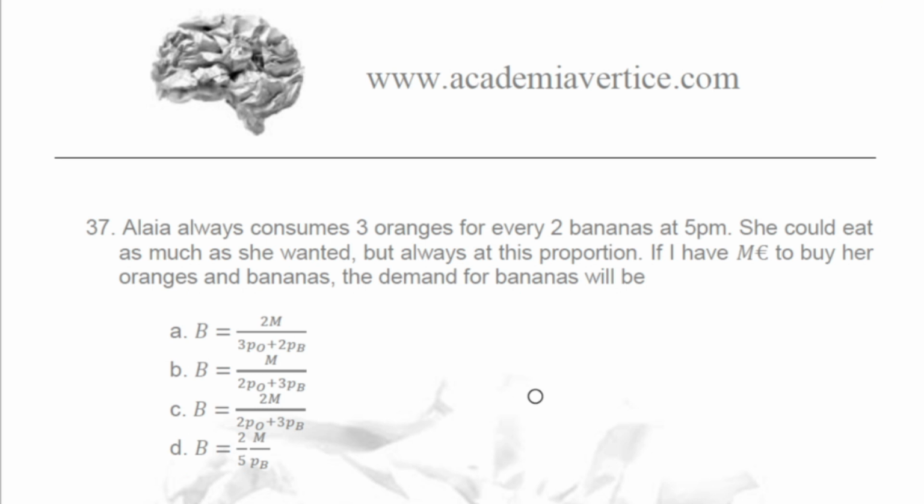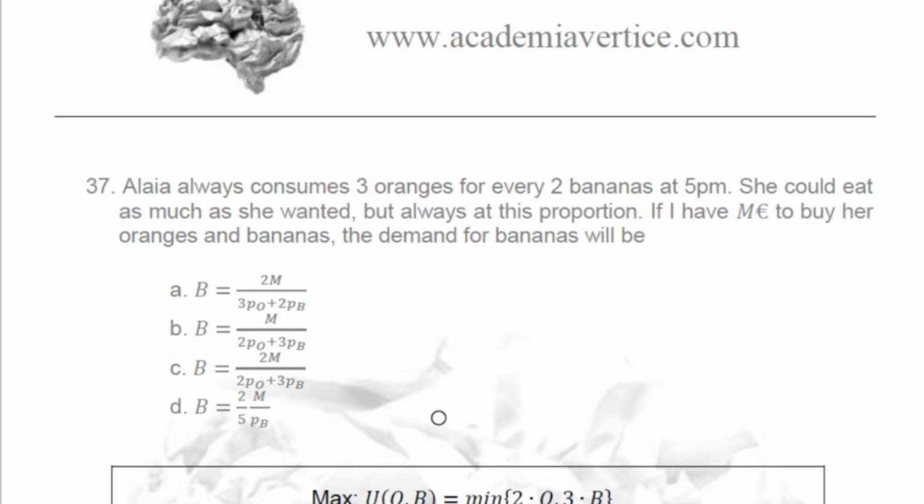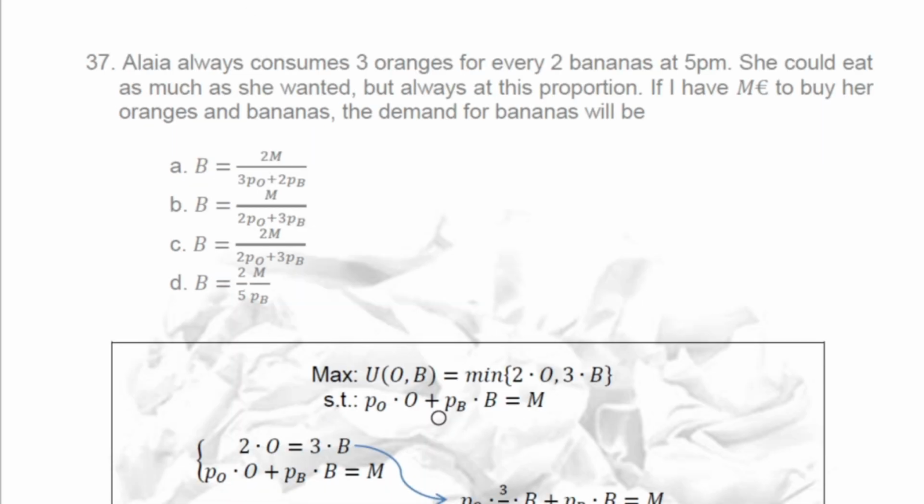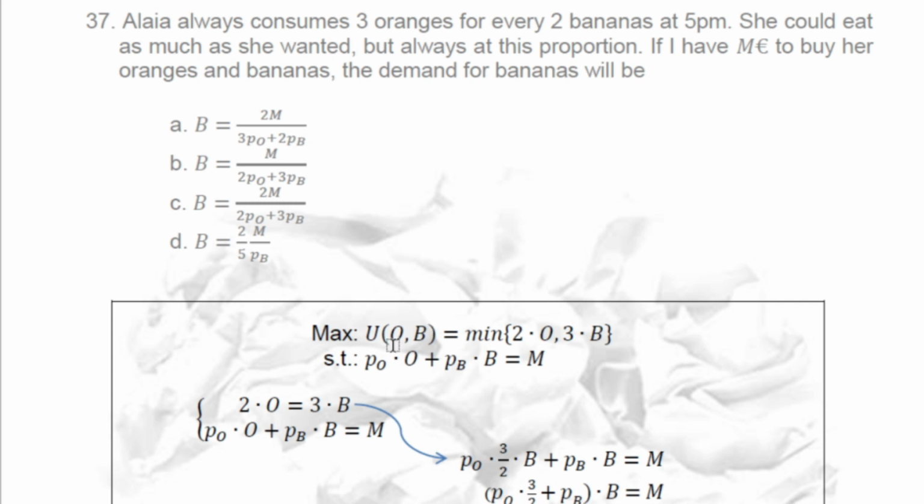37th. Alaya always consumes 3 oranges for every 2 bananas at 5 p.m. She could eat as much as she wanted, but always in this proportion. So oranges and bananas are perfect complements for her. If I have m euros to buy her oranges and bananas, the demand for bananas would be, okay, this is a perfect complement type exercise, so as I always told you, it is very easy.